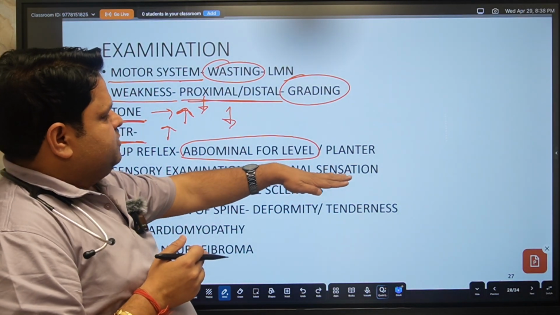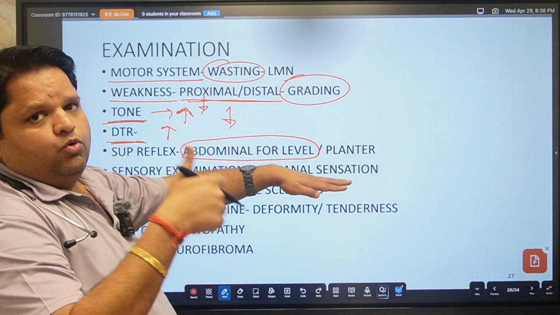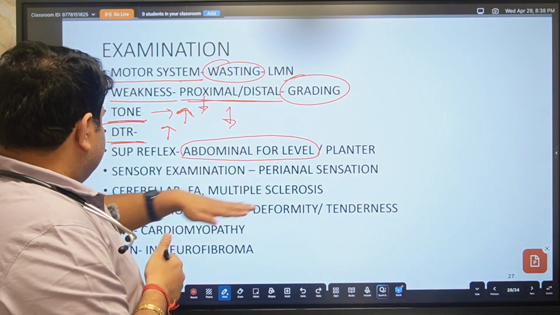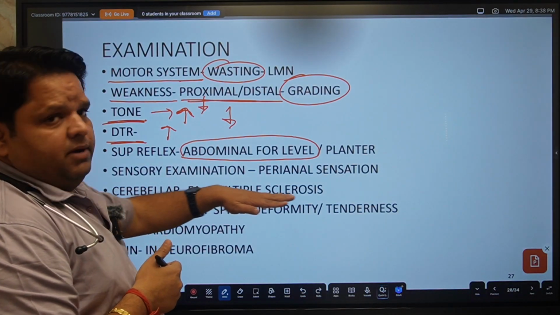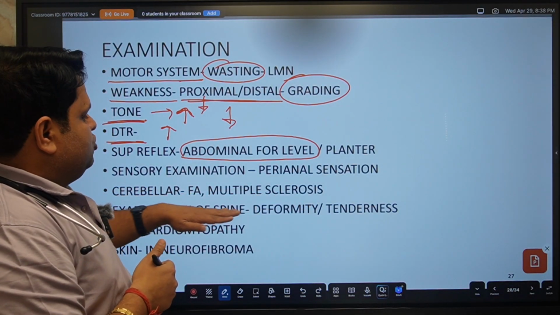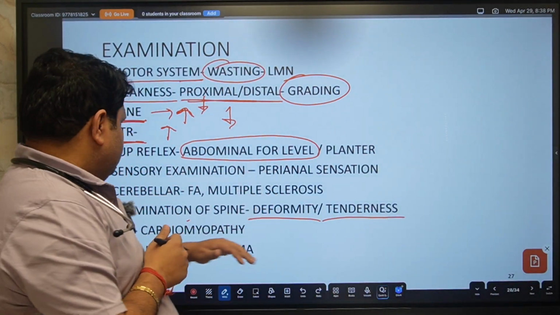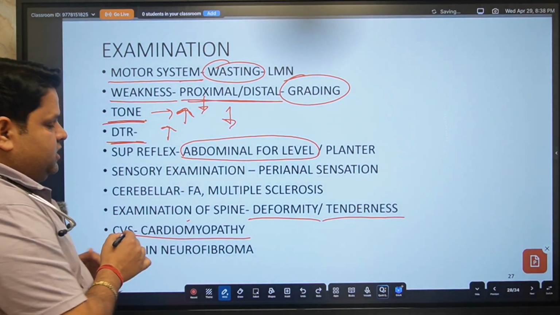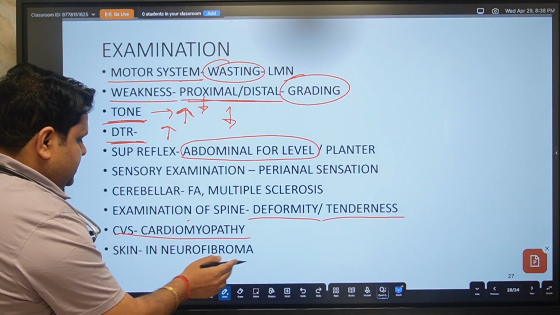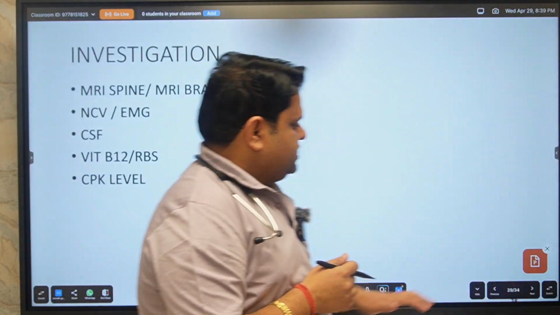Sensory examination, especially perianal sensation, as I discussed in the cauda equina and conus medullaris differentiation. Cerebellar signs in Friedreich ataxia and multiple sclerosis. Examination of the spine for any deformity and tenderness for compressive myelopathy, cardiovascular system examination for cardiomyopathy in Friedreich ataxia, and skin examination for neurofibroma. So these are the examination points.